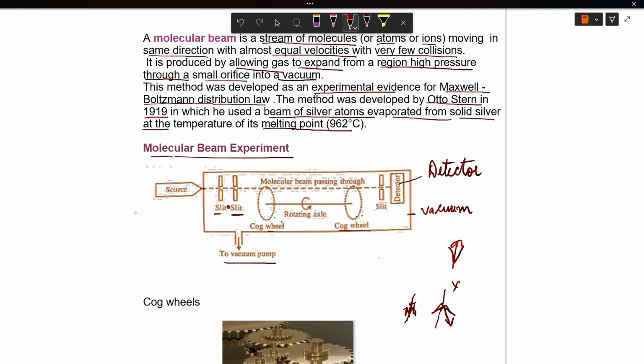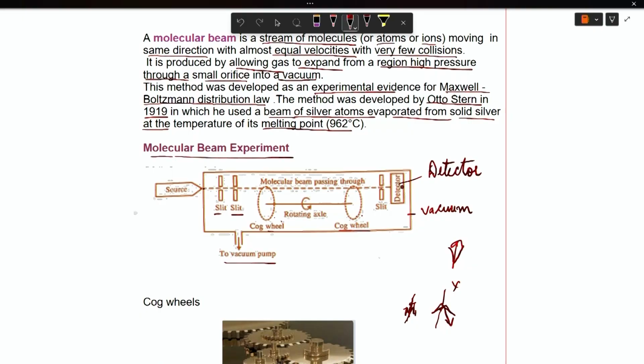It passes through slits so that we get collimated beams, which are allowed to pass through rotating cog wheels to select molecular beams of particular velocity, which then fall on a detector, and from that you can calculate their velocity distributions.